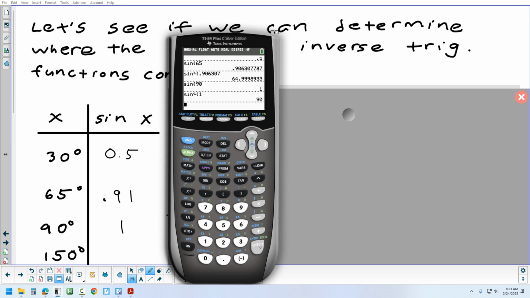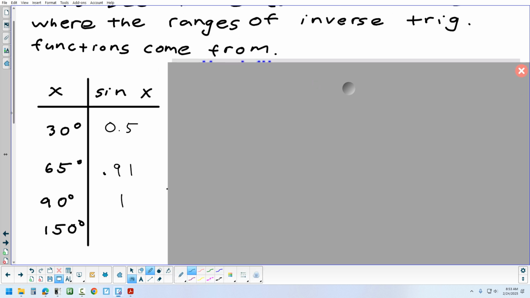Let's do 150. 0.5. That's a little bit of a problem now. Does anybody see why there's a problem there? Yep. I think we were going up each time, but now we're back to 0.5. Okay, so yeah, we got a repeat.